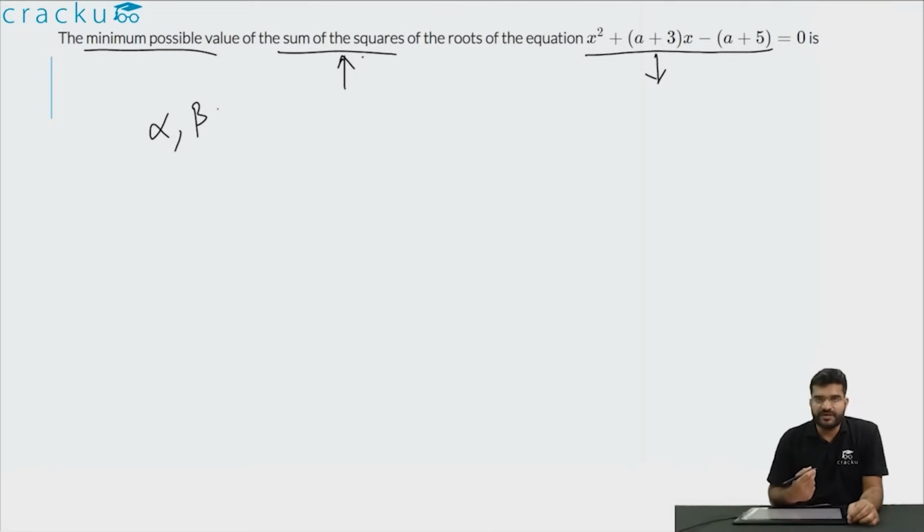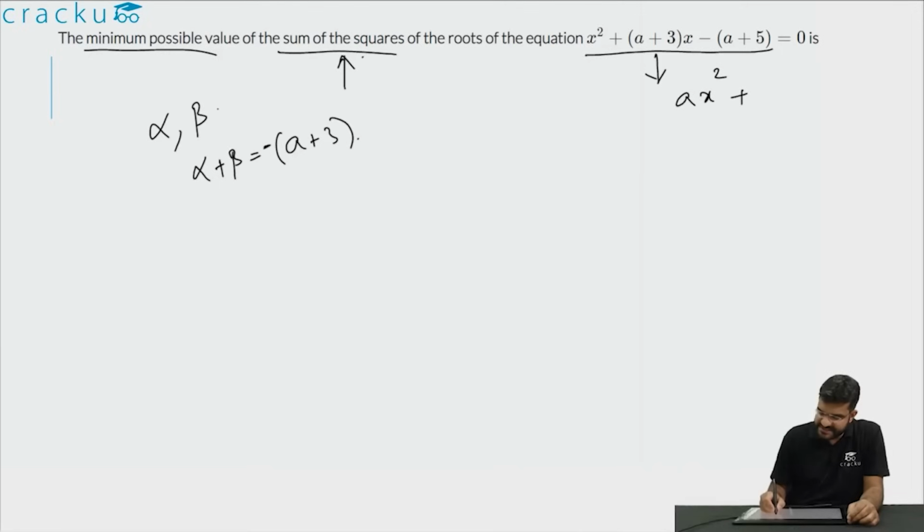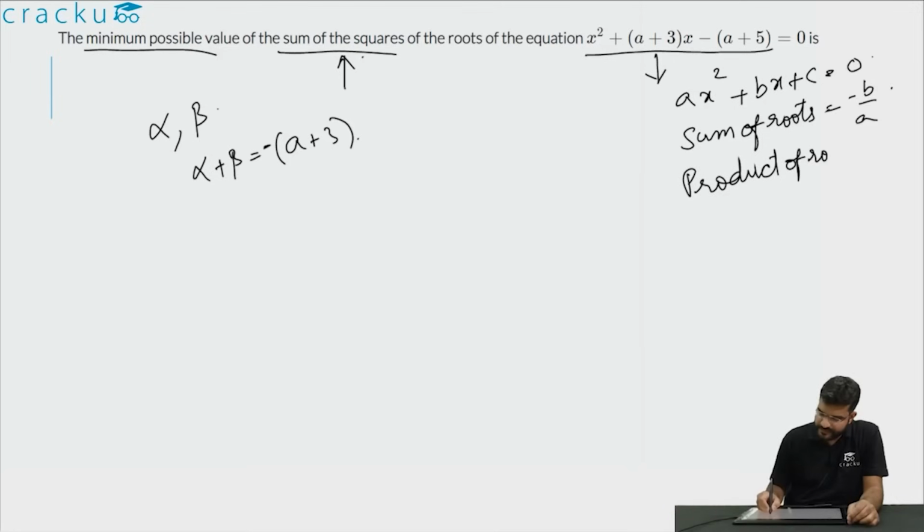By the properties of quadratic equations, we know that alpha plus beta is equal to minus of (a plus 3). Remember that if there is a quadratic equation ax square plus bx plus c is equal to 0, the sum of the roots is equal to minus b by a, and the product of the roots is equal to c by a.